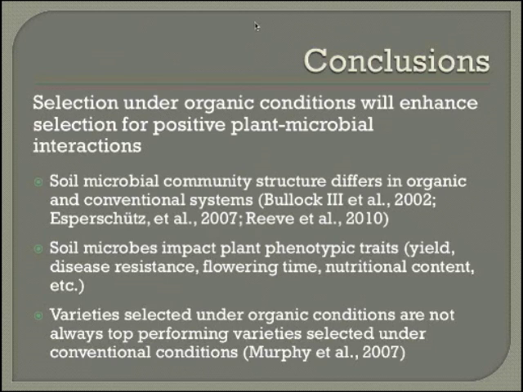Perhaps the reason is that we have these more robust communities in organic systems, and we might be selecting varieties based on traits we're seeing because of them. This hasn't been very well tested, but we will be working on that in the next couple of years and hope to have some better answers for you.